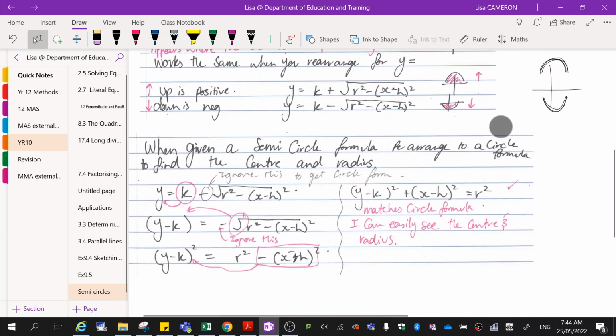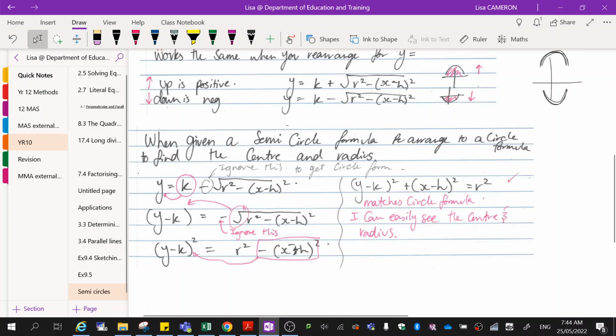Okay, so when given a semicircle formula, since you're not given the formula for semicircles, the easiest way is to rearrange it to a circle formula to find the center and the radius. To do that, we'd just do the reverse. I'd take k back first. I would ignore this symbol in between them because that's going to give you a math error otherwise, but it doesn't really matter.